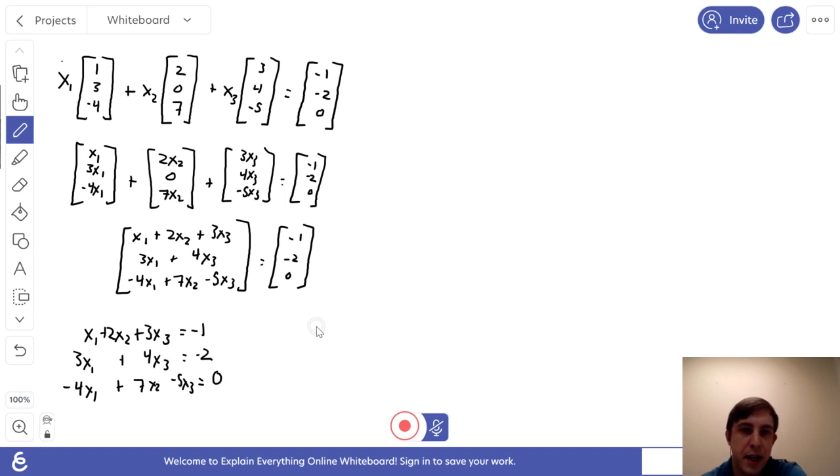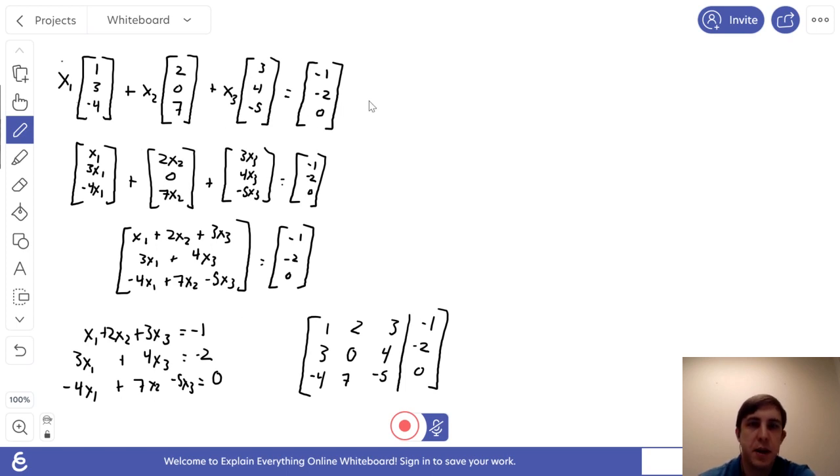So if we just know that the first column goes with the x1s, we can write this in an augmented matrix form. The first column represents the x1s. The second column represents the x2s. I don't have an x2 in the middle row, so I have a 0 there and a 7. And then for the x3s, we have 3, 4, negative 5. And then to the right of the augmented bar, we have the terms that did not have any variables.